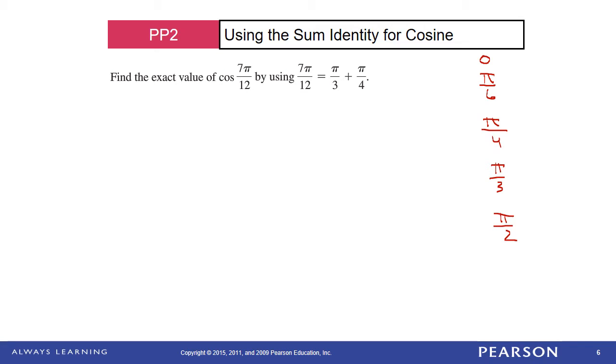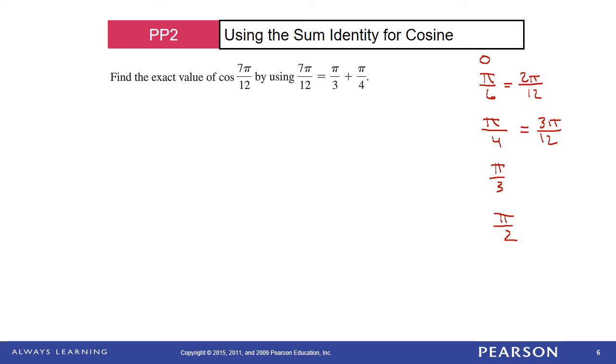So remember, pi over 6 is very important, pi over 4 is important, pi over 3, pi over 2. Those are the important values that we have used so far. 0 also important because we've used it as well. But if you're doing this and the homework does not tell you which angles to use, what you'll have to do is get common denominators for each of those and then look at the denominator that you're using here. So pi over 6, if you change it to a denominator of 12, would be 2 pi over 12.